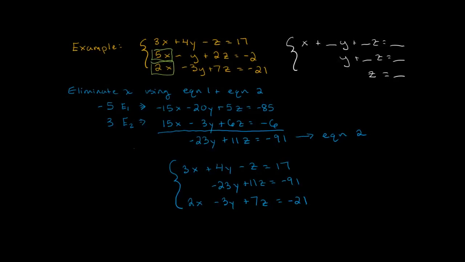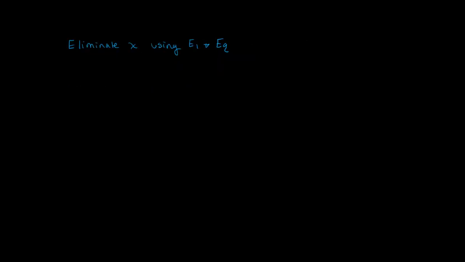So for the first equation, I can multiply that by 2. The third equation, I can multiply that by negative 3. So I'm going to be doing some flip-flopping here. I want to do 2 times equation 1, negative 3 times equation 3.